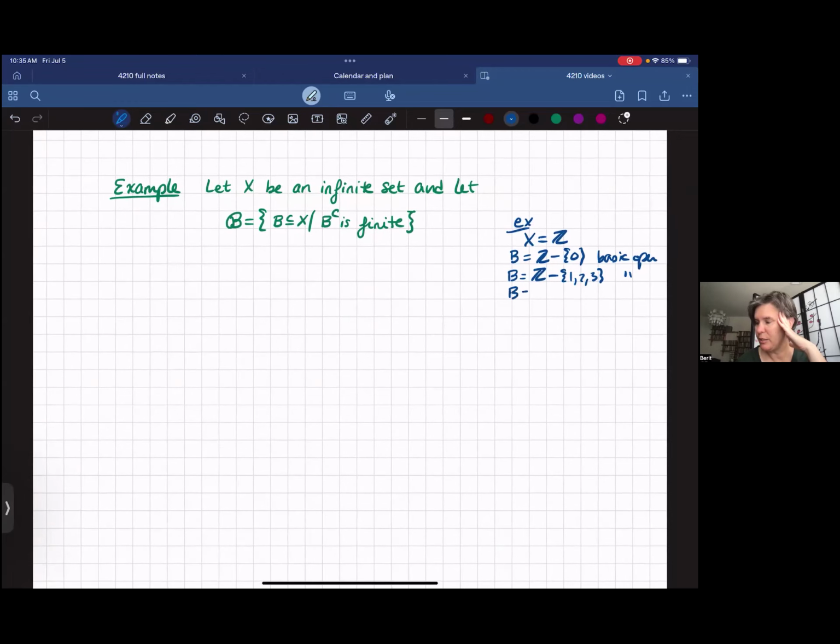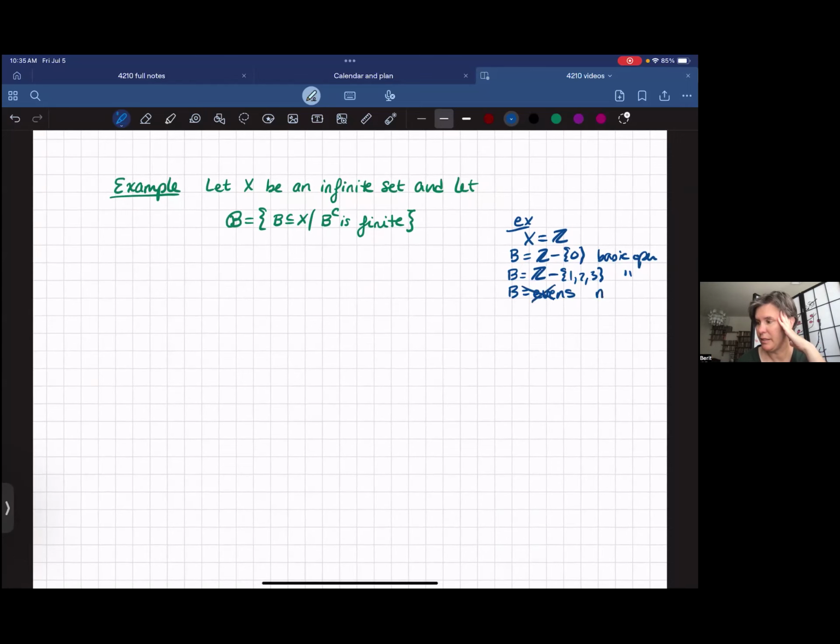But if B were equal to the collection of all even numbers, then its complement is all odd numbers, and that's not finite. So that would not be basic open. Okay? So just to give you a little sense of what the basic open sets look like. The basic open sets just basically have to look like the set X, but with a finite number of points taken away.